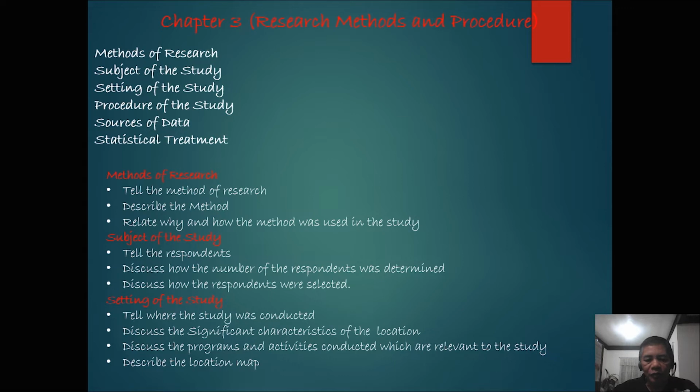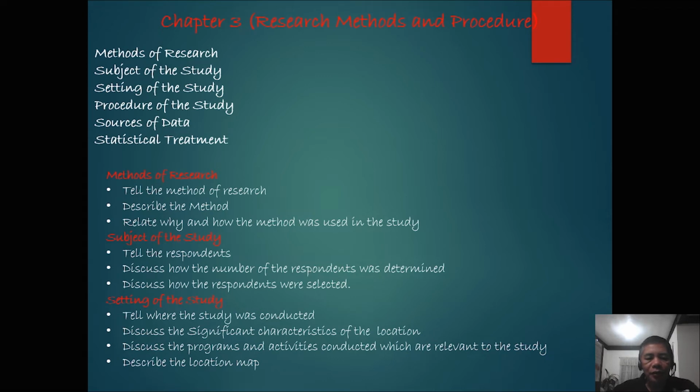If it would be possible for you to include the division vision and mission, you need to include that. But of course, do not mention names when you are discussing this particular subsection.